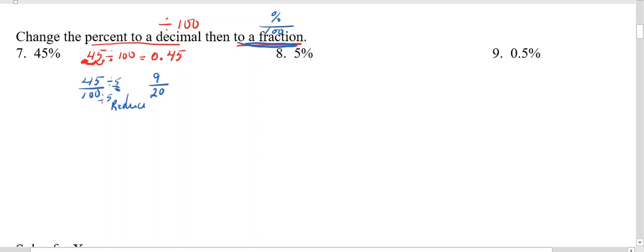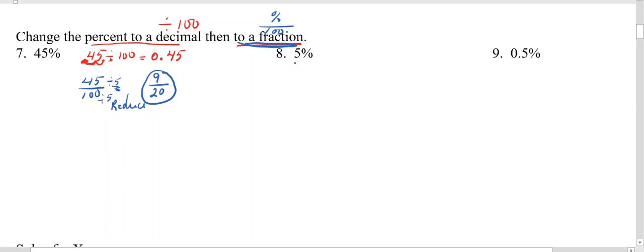Now look at my fraction. Can I reduce it anymore? Is there anything that goes into 9 and 20? There's not. So 45% as a decimal is 0.45 or 45 hundredths, and 45% as a fraction is 9 over 20.